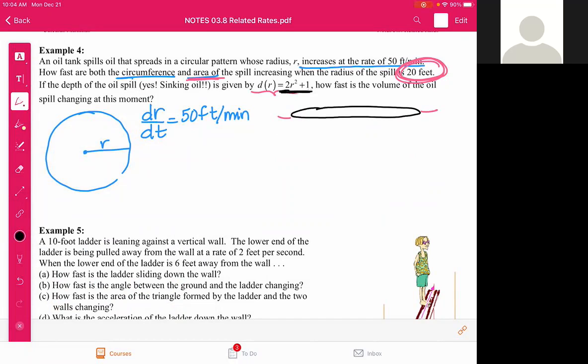The depth is 2r squared plus 1, which is a parabola, like an r squared, a quadratic equation. So kind of like this. I don't know why I'm losing part of my drawing. But your depth is sinking down into the water. So it's some kind of 3D solid when it sinks.